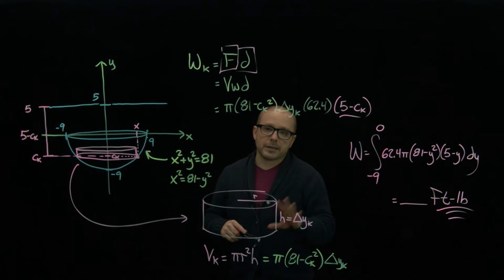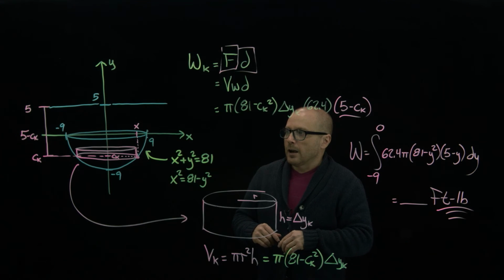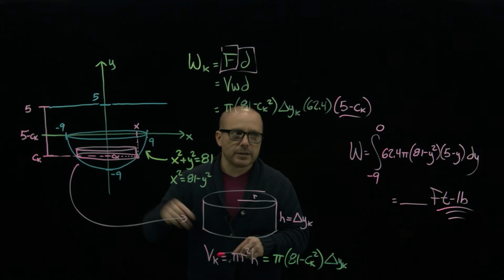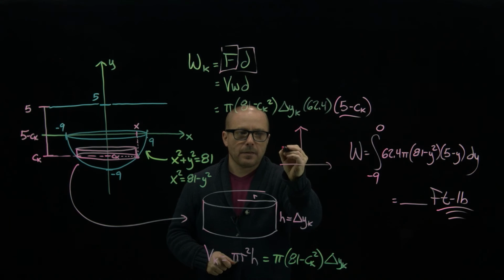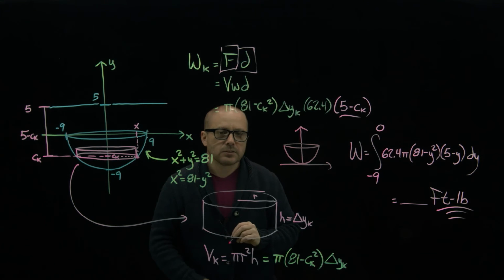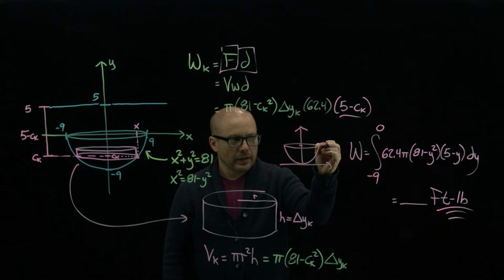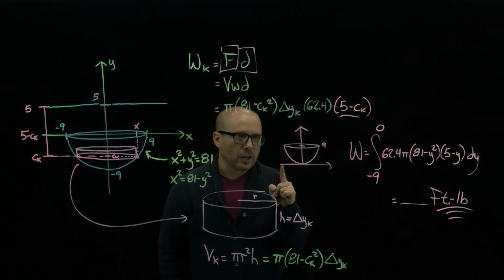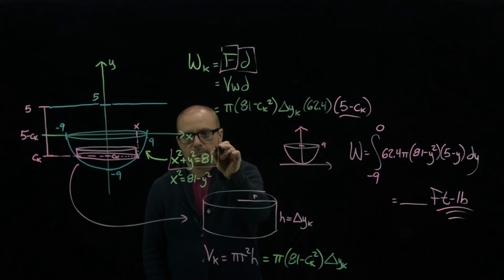Oh yes, one more thing. This came up for several people, and this is common. A lot of people would like to avoid negative numbers, so they put the coordinate system with the bottom of this hemisphere at 0. That's totally fine. You would integrate from, this now is 9 up here, so you'd integrate from 0 to 9. But the thing to be careful of is this is no longer the equation, right?